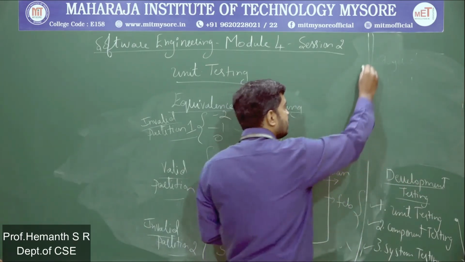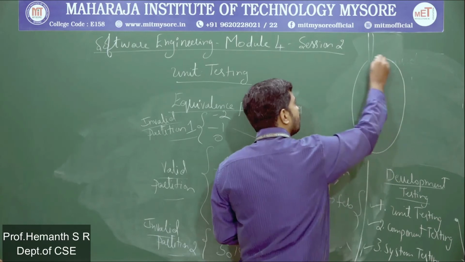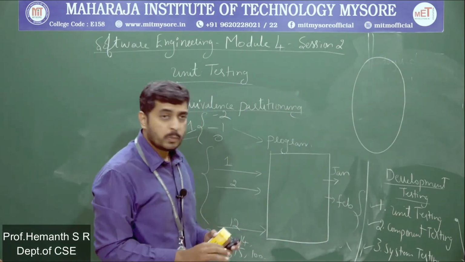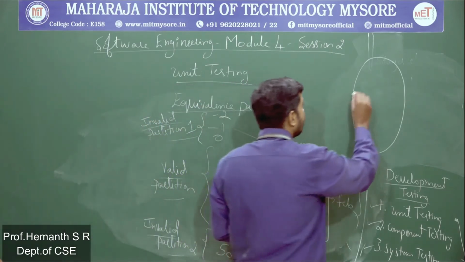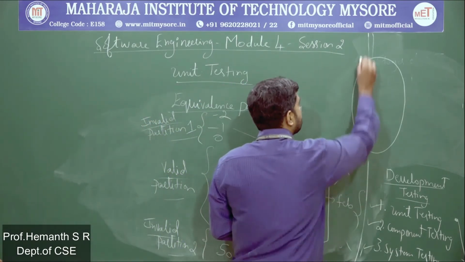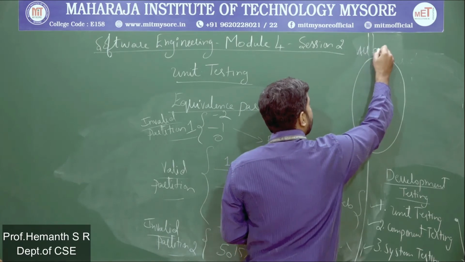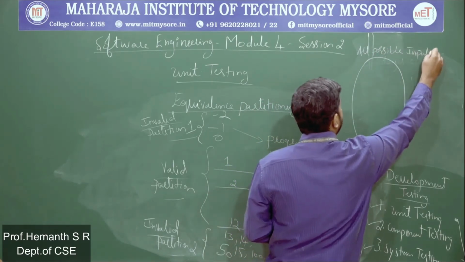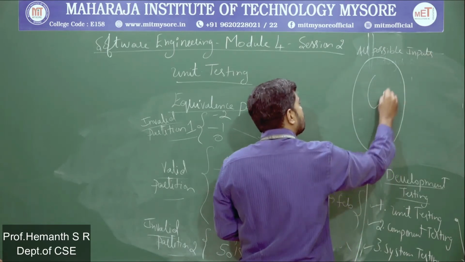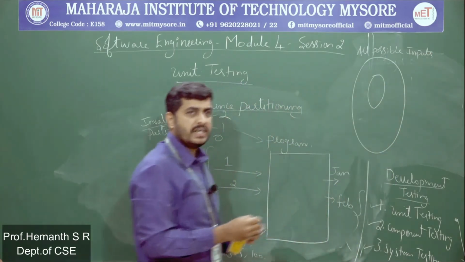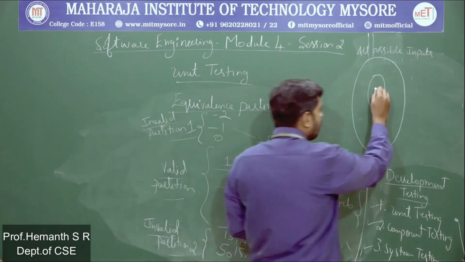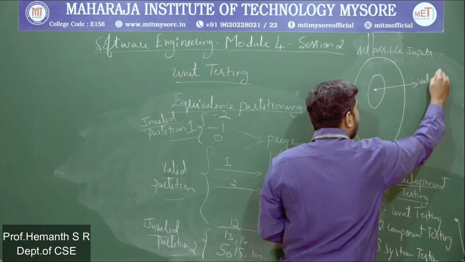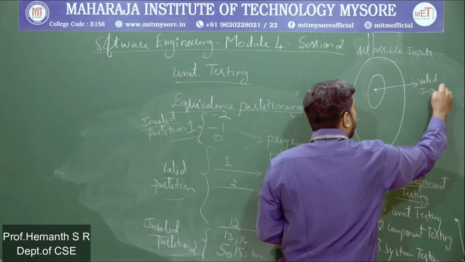If this oval is indicating all possible inputs, then the small portion inside will be called valid input.